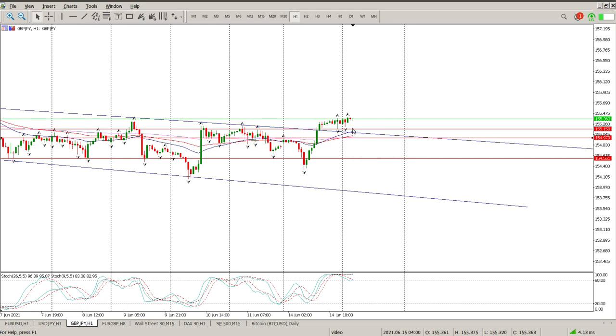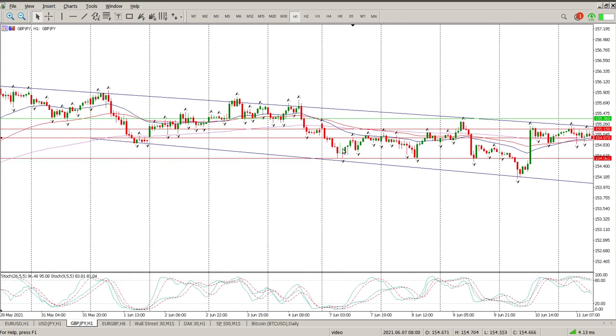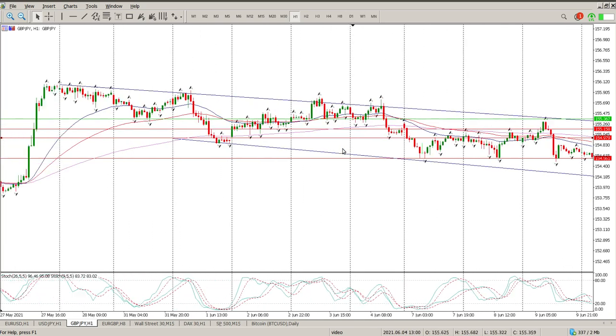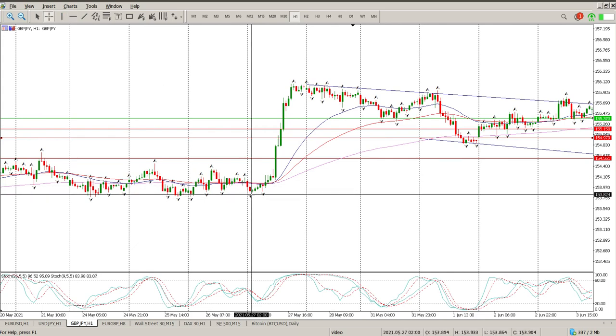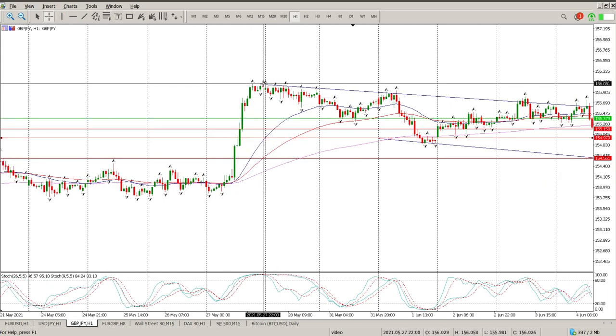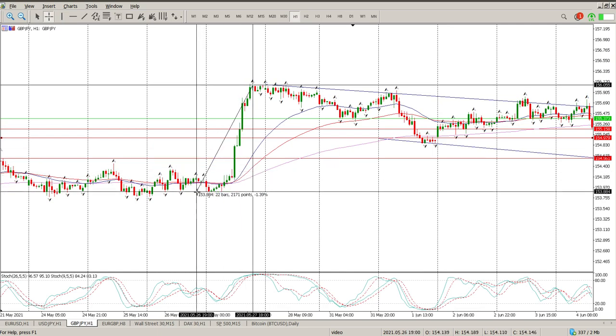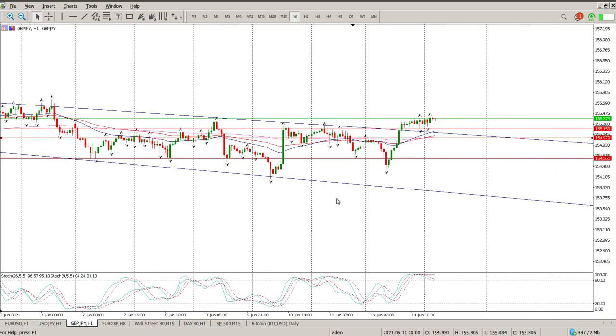But anyway, between 155 and 156, that is kind of the opportunity to buy back into this, I think, for another move to the upside, and anticipate this channel break, which should give us another move, which is going to be in the region of another 2,100 points to the upside.